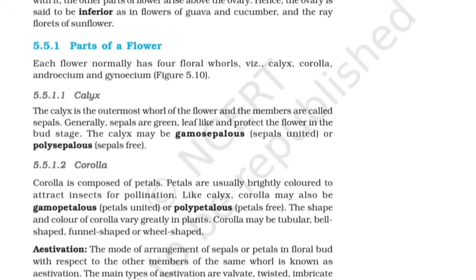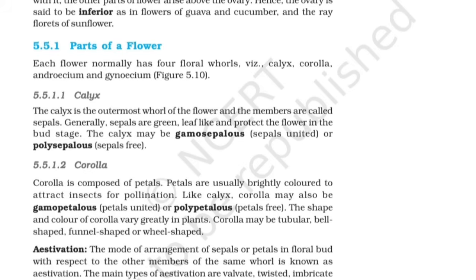The shape and color of corolla vary greatly in plants. Corolla may be tubular, bell-shaped, funnel-shaped, or wheel-shaped. Estivation. The mode of arrangement of sepals or petals in floral bud with respect to the other members of the same whorl is known as estivation.